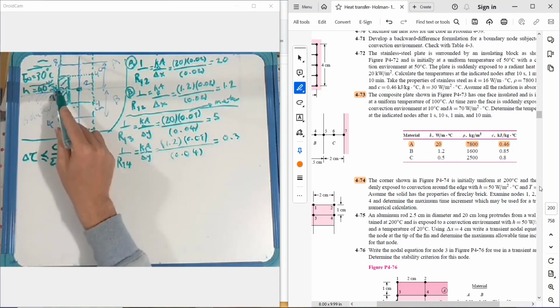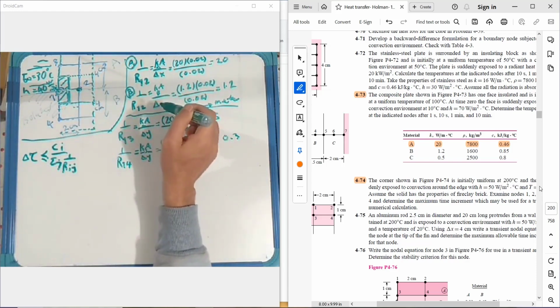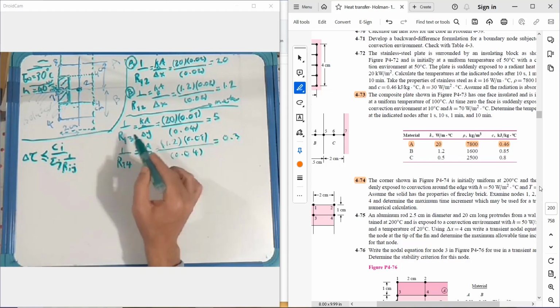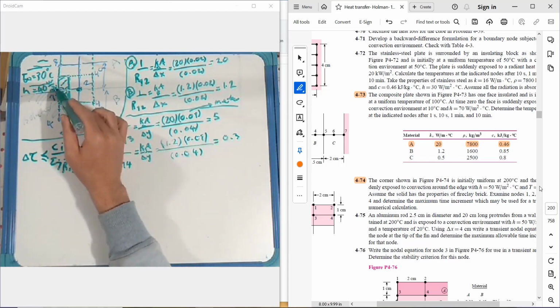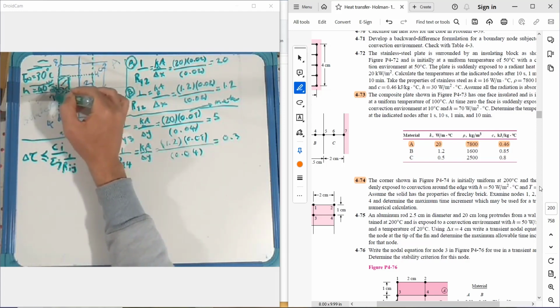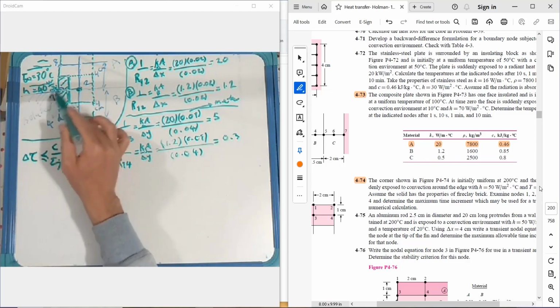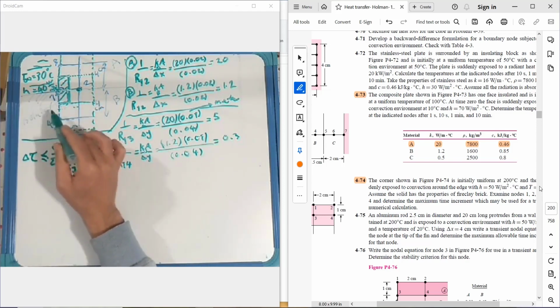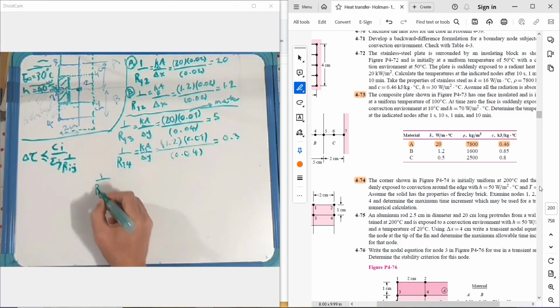We wrote it from 1 to 2 because it had 2 sections. From point 1 to 3, 1 section; from point 1 to 4, another one, and another one from convection here. This is isolated. We don't have any transfer from point 1 to this zone, but we have some convection here. We should write it as 1 to infinity.